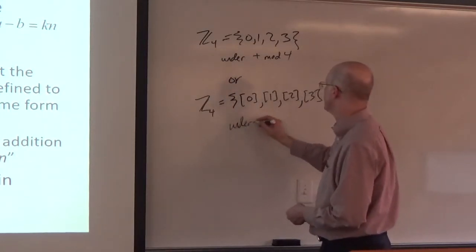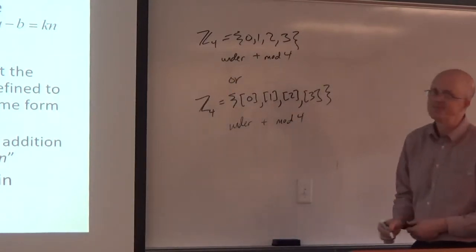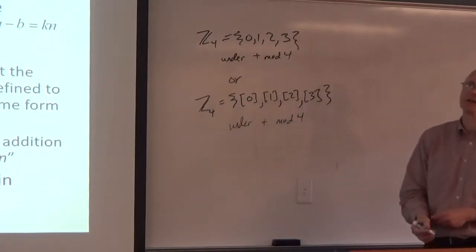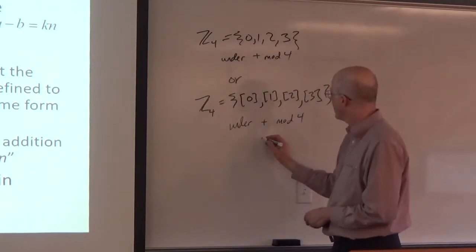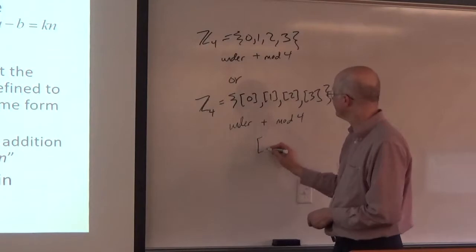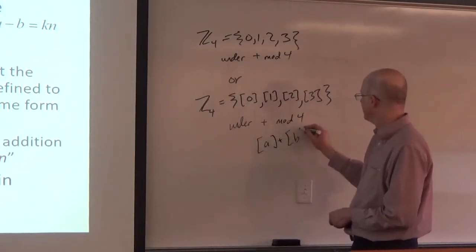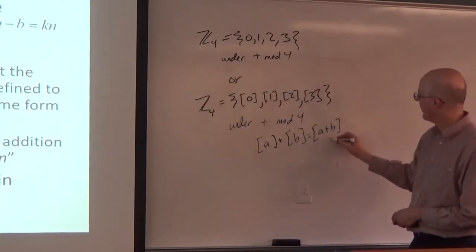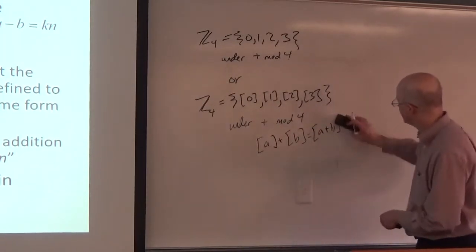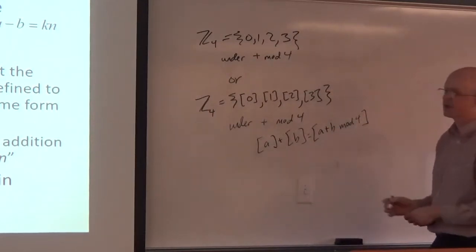You could still call it addition mod 4, where, again, essentially, you add 2 equivalence classes by adding their representatives and then doing mod 4. Write that kind of equation.